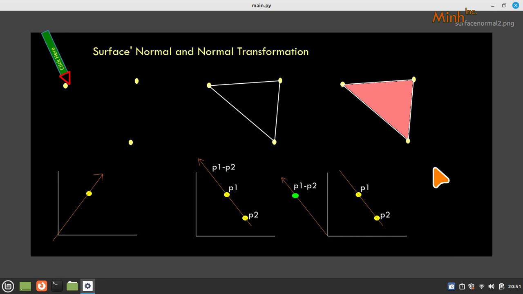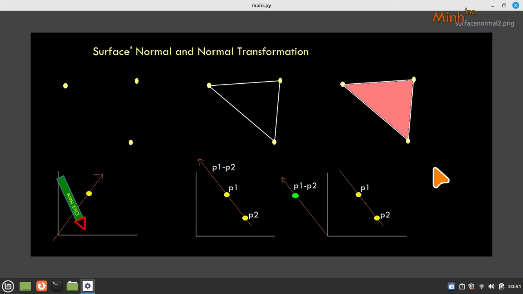If I have three vertices and I add edges, it becomes a triangle, and if I fill it, it becomes a surface. So a surface has area. If I have only one point, this makes a normal, a vector.